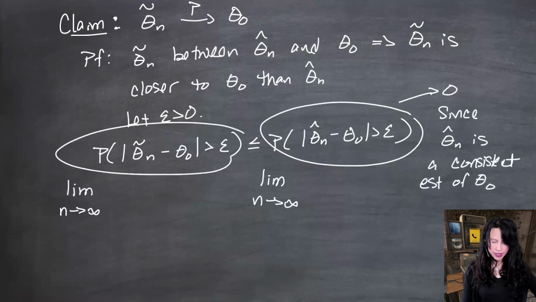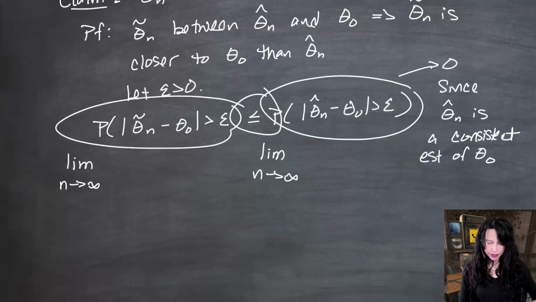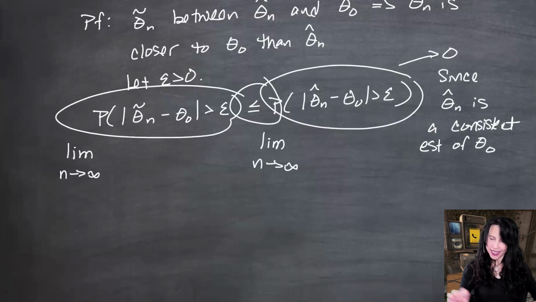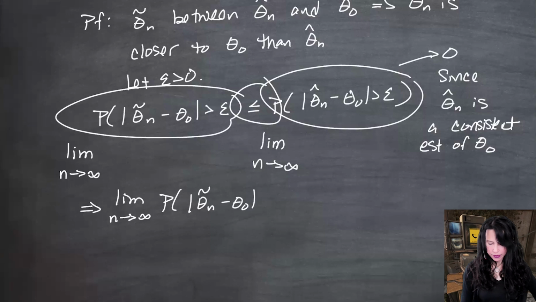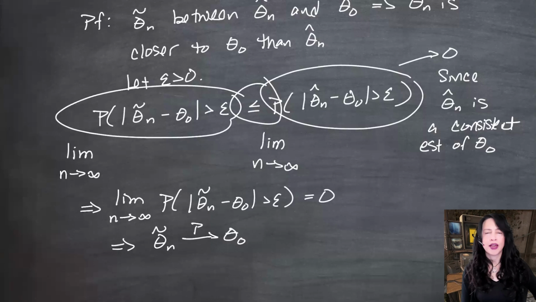And then this limit is going to be stuck below the limit on the right-hand side, and it's a probability. It can't get negative. So this inequality and taking the limits across imply that the limit as n goes to infinity of this probability of being greater than epsilon is 0, which is enough to say, by one of the definitions of convergence in probability, that theta n tilde converges in probability.